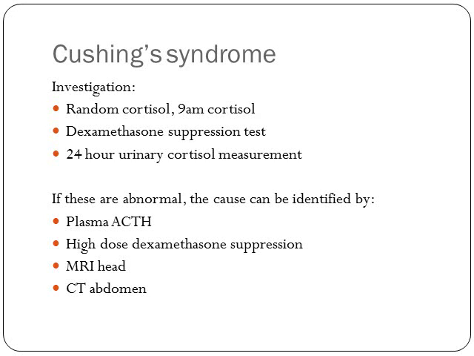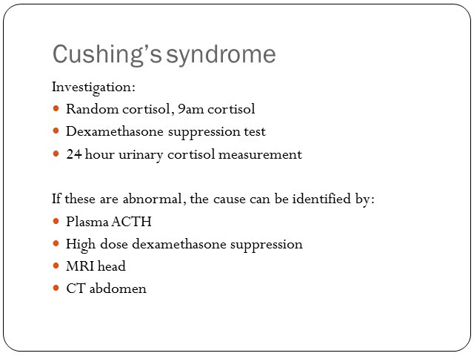You can also do a 24-hour urinary cortisol measurement. Obviously, if that's high, that's a suggestion that you've got too much cortisol. If any of these are abnormal, that tells you there's something wrong, but we often can't narrow it down. So you need to do plasma ACTH. Is it high? Is it low? Is it independent or dependent of ACTH production?